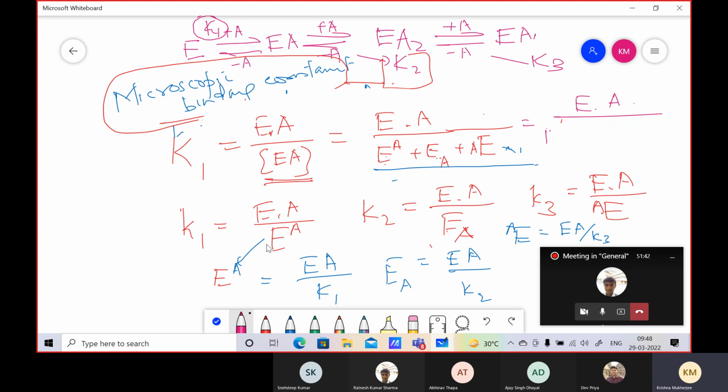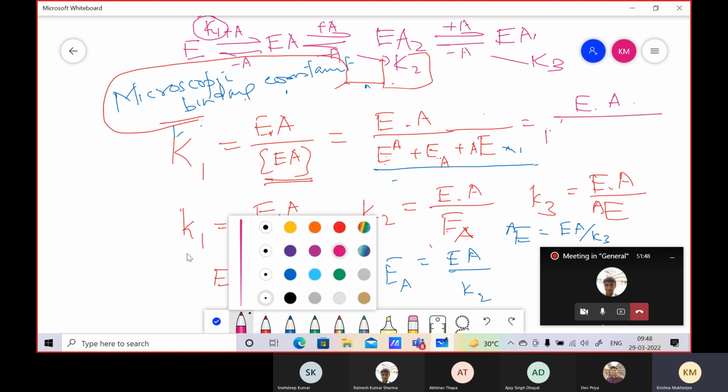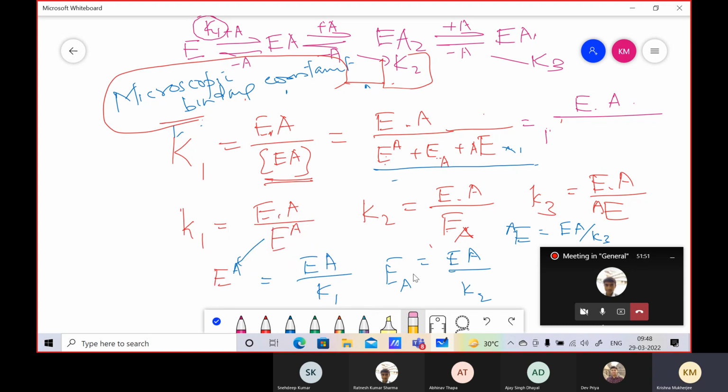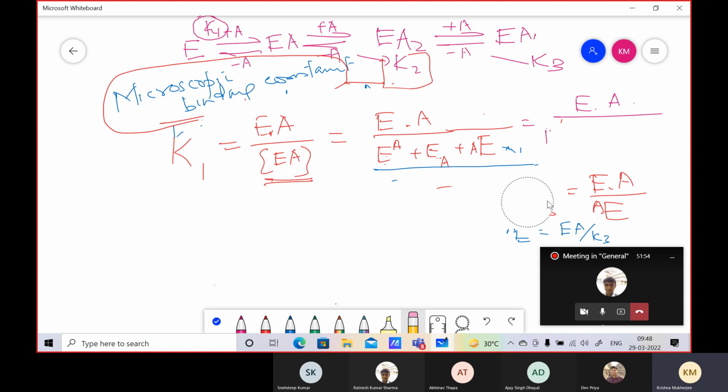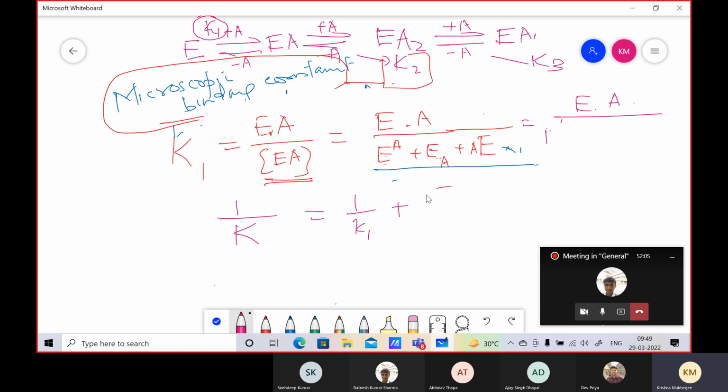So can you see very clearly that 1 upon K is equal to 1 upon k1 plus 1 upon k2 plus 1 upon k3. So the macroscopic binding constant K1 is related to the microscopic binding parameters by this basic equation. That is why I was saying Ohm's law. Okay, all of you can follow this.